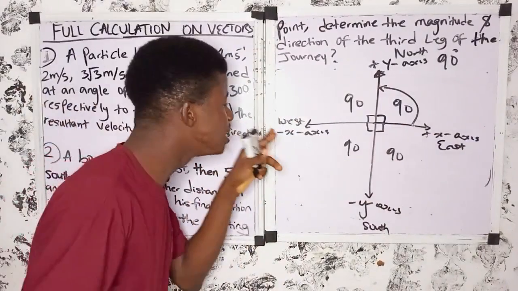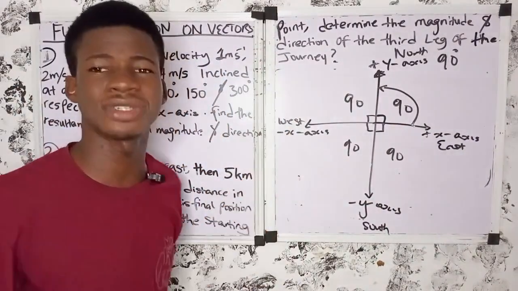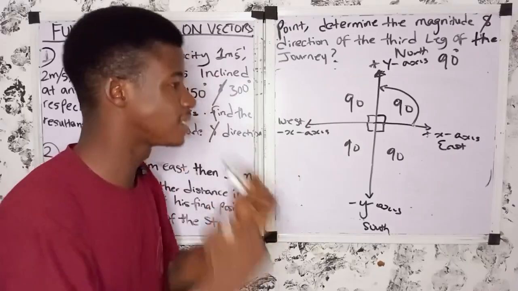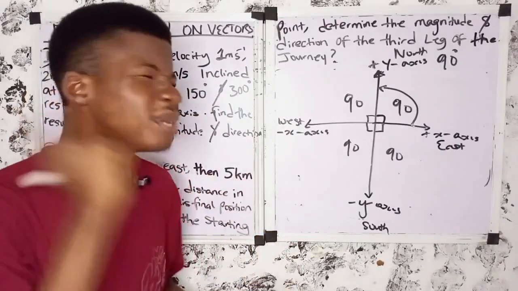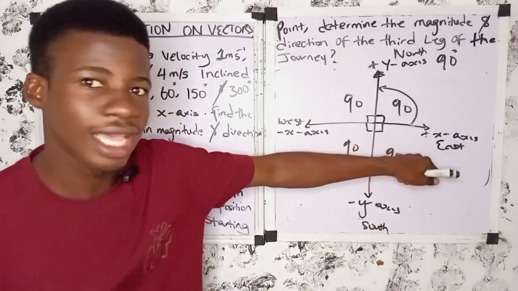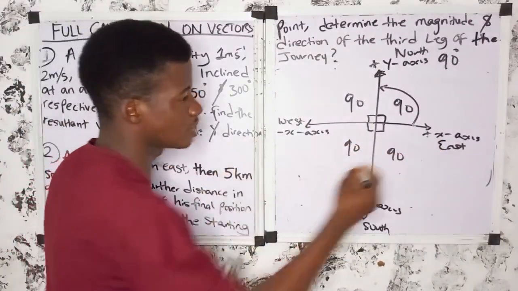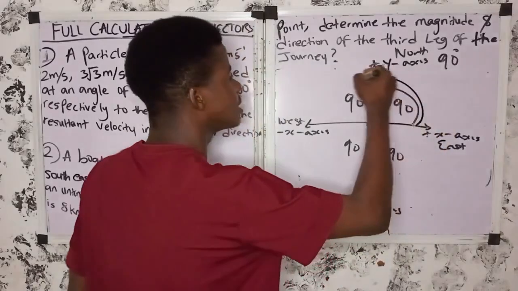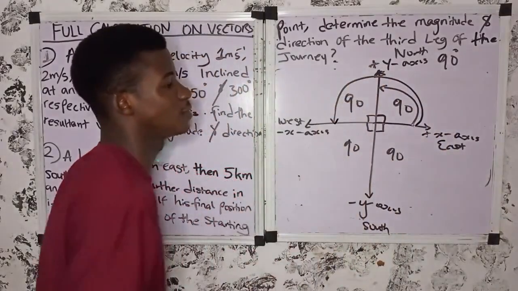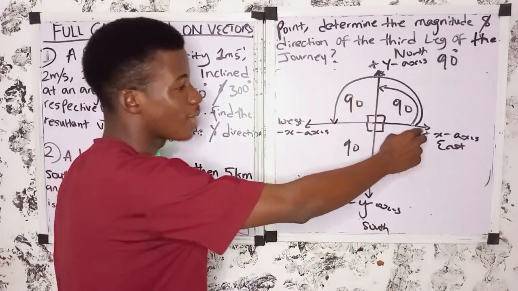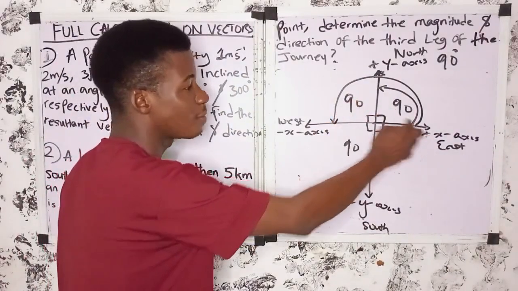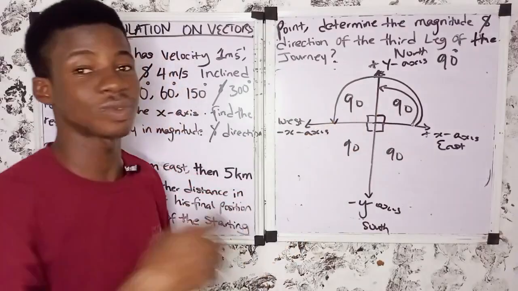Now, what about the negative x-axis or the west direction? Whenever we are looking for an angle, we always make reference to the positive x-axis. Here is 90, here is still 90, so from here to here, 90 plus 90 gives us 180 degrees.